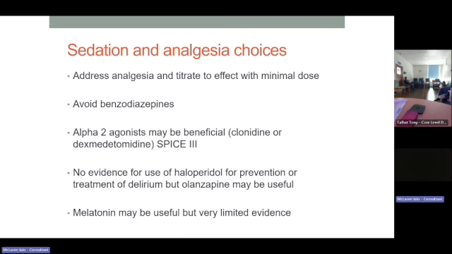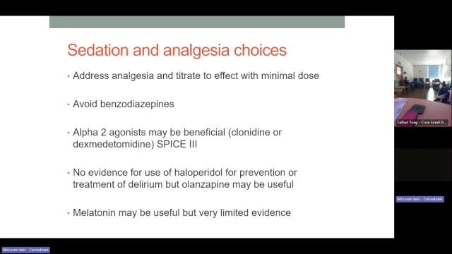And also we increasingly use alpha-2 agonists. In general, we use clonidine, or more recently dexmedetomidine. Dexmedetomidine has been more commonly used around the world before it was used in the UK. But alpha-2 agonists may offer some protection against delirium.